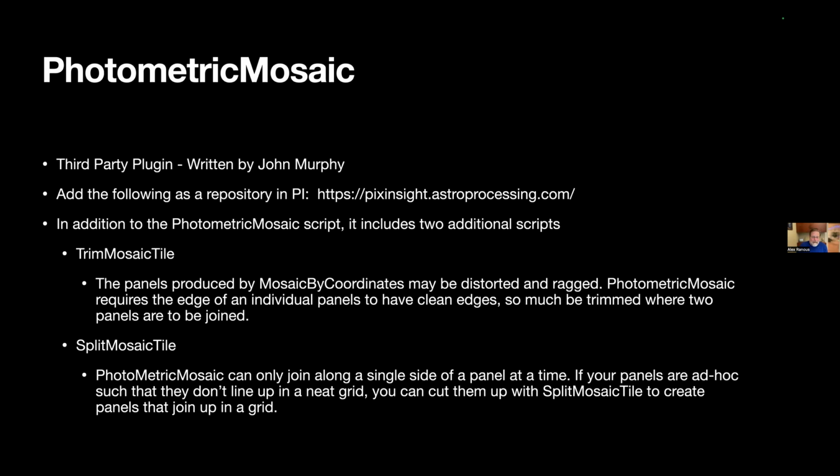Split Mosaic Tile is something I haven't used. It is used if you are doing one of these ad hoc mosaics. Let's say you have a bunch of existing images that overlap, and you want to make a mosaic from them. Maybe they're not a nice grid pattern.